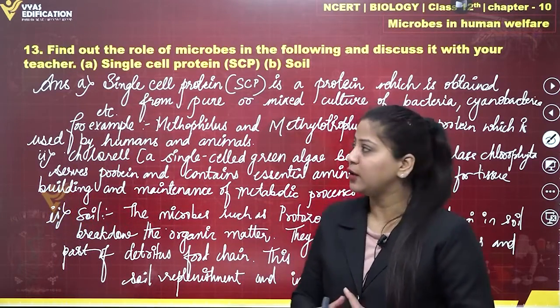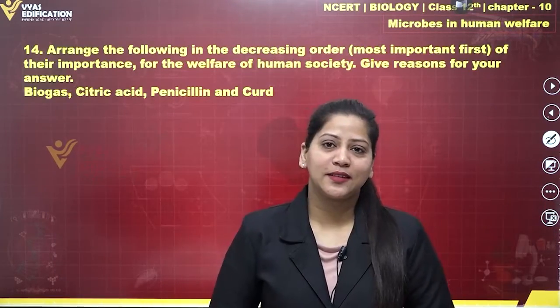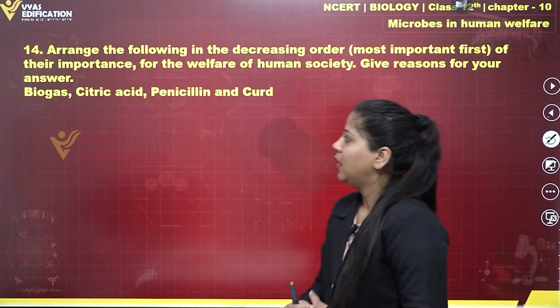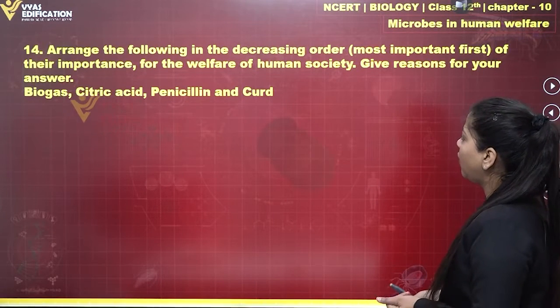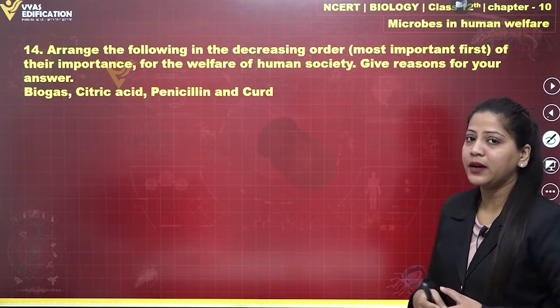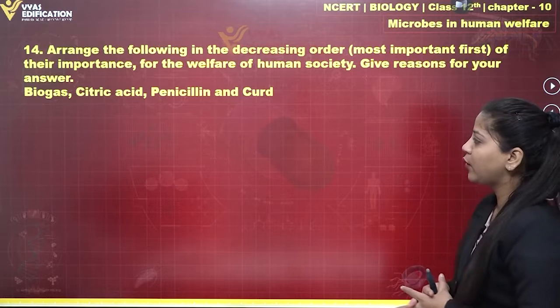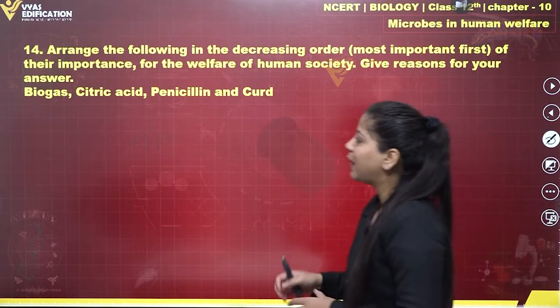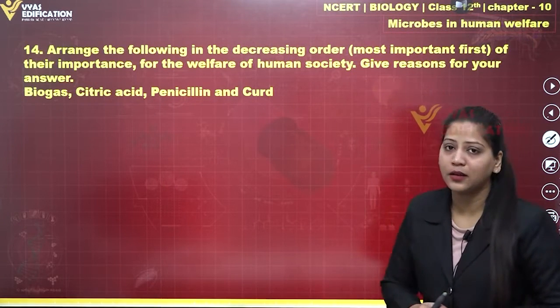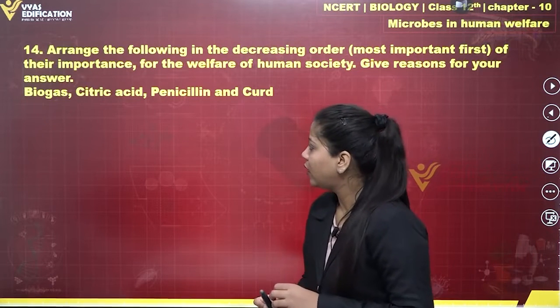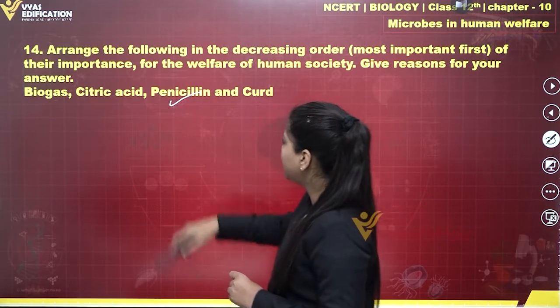Now this is the complete solution of question number 13. Now let's discuss the second last question of this chapter. Arrange the following in the decreasing order, most important first of their importance for the welfare of human society. Give reasons for your answer, and we have to arrange all these: biogas, citric acid, penicillin and curd. So according to our knowledge, we will give penicillin the first position.